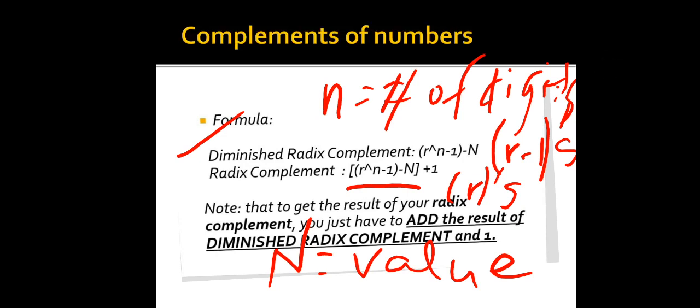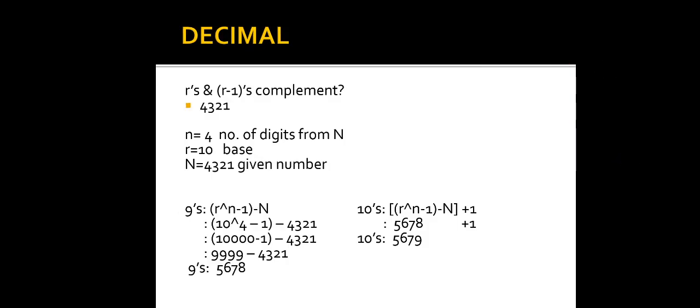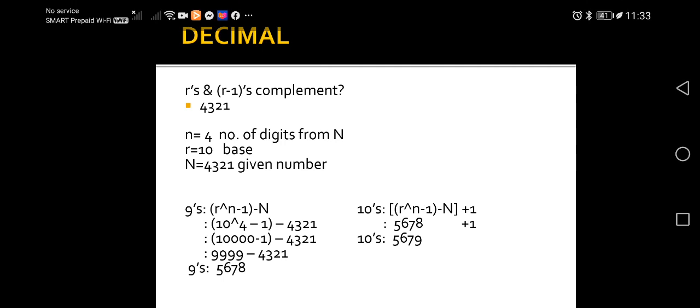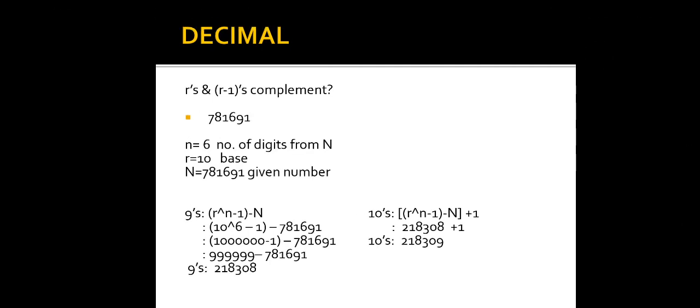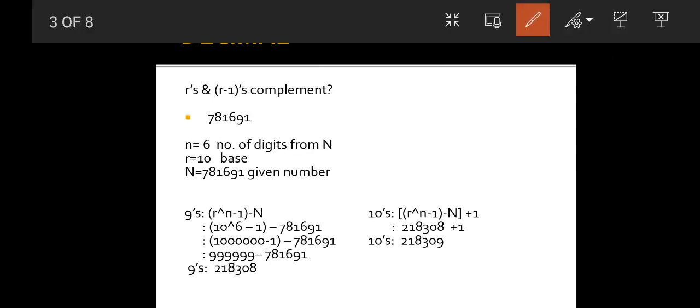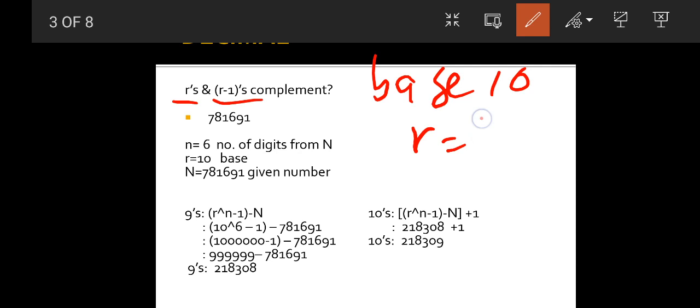Next, the next slide will be the example using decimal base, or your base 10. Again, your decimal is your base 10. If you're going to get the r and the r minus 1, r will be your base, right?